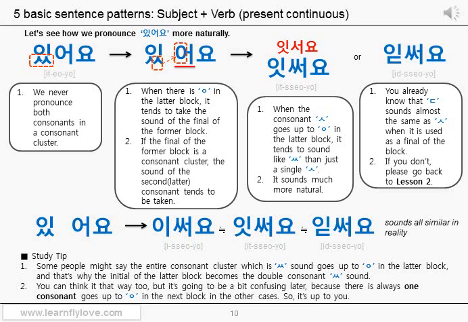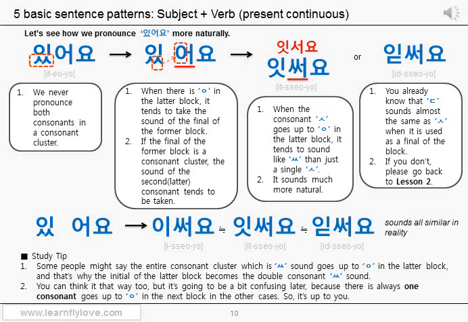But when the consonant ㅅ goes up to ㅇ in the letter block, it tends to sound like double consonant ㅆ rather than just a single ㅅ sound. So it's 있어요. But even if you pronounce it 있어요, everybody can understand in Korea. No worries, but you better remember that it actually sounds 있어요 with a double consonant ㅆ sound.